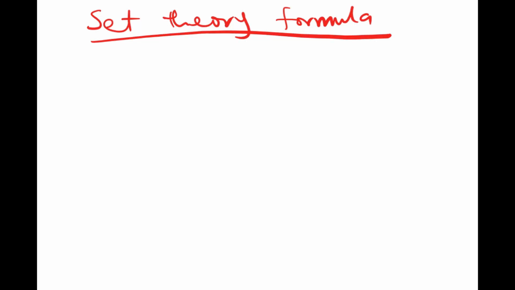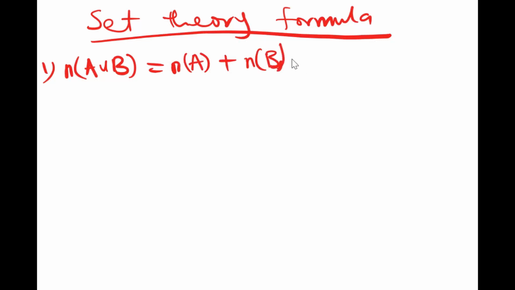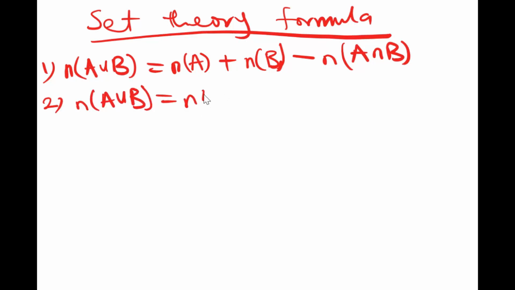So if I have sets A and B that intersect with each other, then the formula would be: the number of A union B is equal to the number of A plus the number of B minus the number of A intersection B. But if the two sets do not intersect with each other, that is disjoint sets, I have that the number of A union B is equal to the number of A plus the number of B.